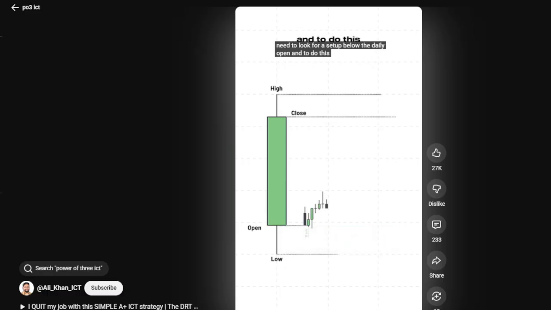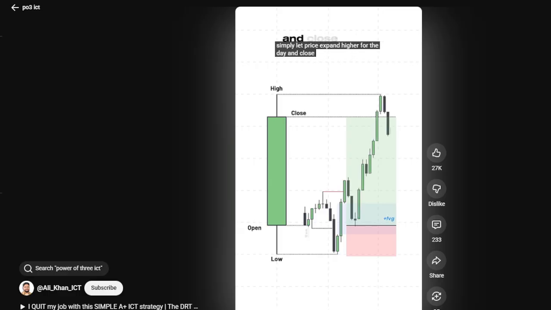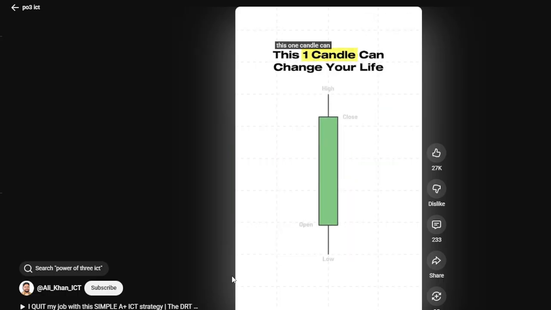And to do this, we'll use ICT's 2022 model. So here, we've taken sell-side liquidity below the opening price and broken structure with displacement. Now, we'll enter on a retracement into the fair value gap. All we need to do now is simply let price expand higher for the day and close out to complete the power of 3. This one candle can change.